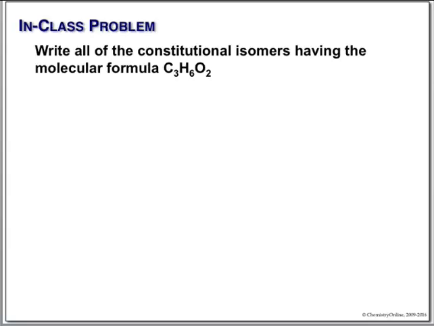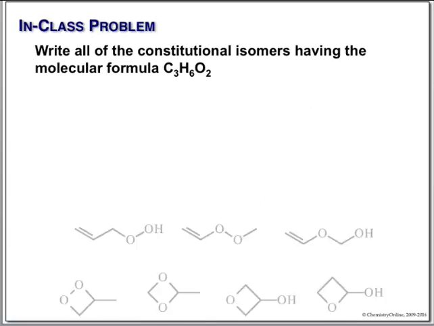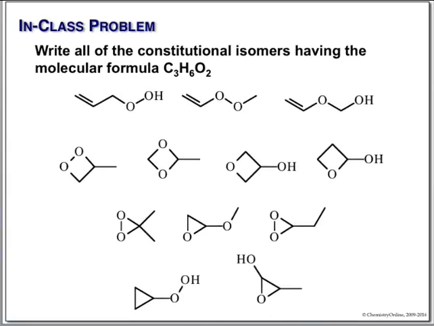How many isomers do you think we can have? Well, let's start with these. And then let's add these. Oh my God. It's just amazing how complex carbon compounds can get so very quickly.